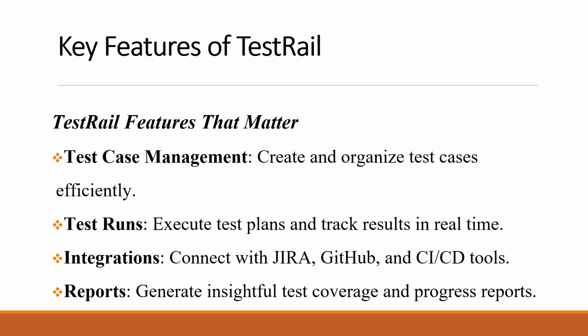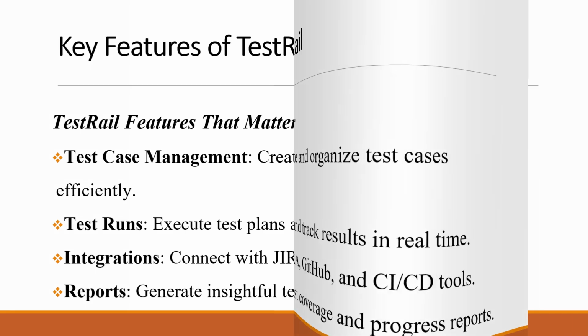Integrations: TestRail integrates seamlessly with tools like JIRA, GitHub, Trello, and CI/CD tools to ensure end-to-end workflow coverage. Reports: generate detailed and customizable test coverage, defect trends, and progress reports to analyze testing effectiveness. These features make TestRail a comprehensive solution for managing all phases of the testing lifecycle.